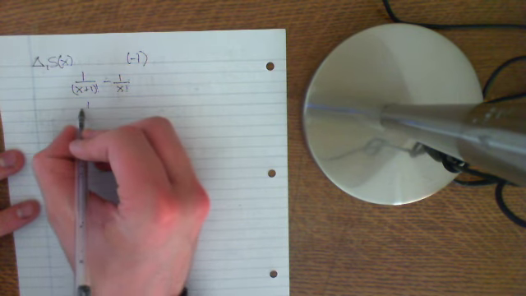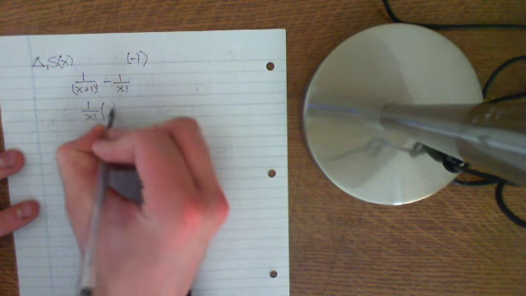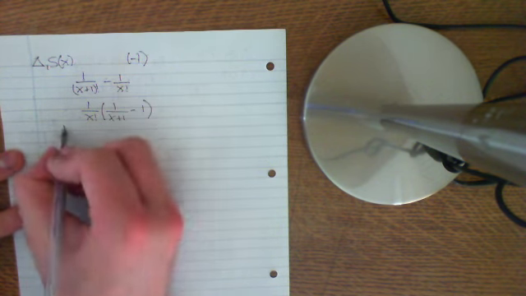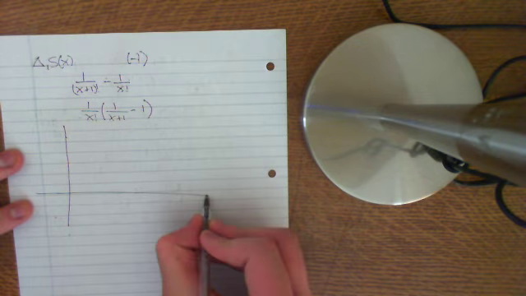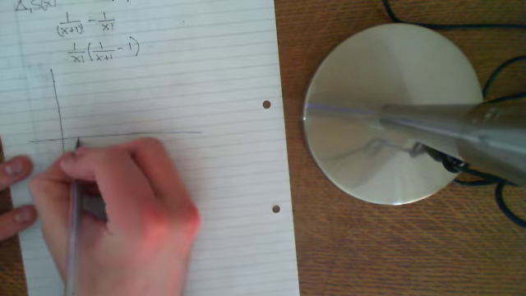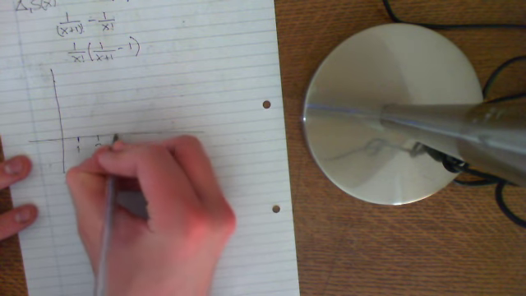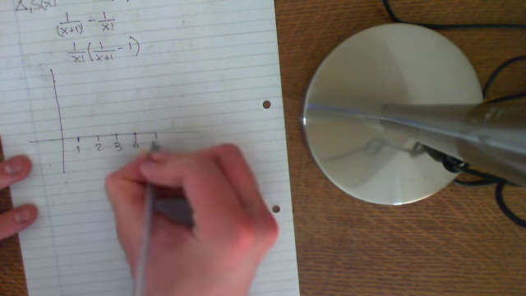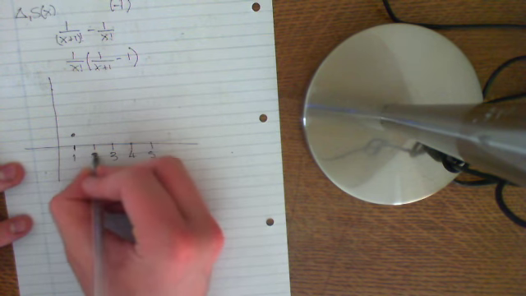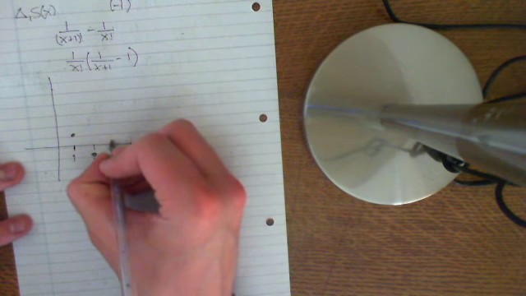Well, we can factor out the 1 over x factorial, and then we've got 1 over x plus 1 minus 1. Let me just explain what I'm trying to do. If you imagine the integers sitting here, 3, 4, 5, etc., to each one of those I can ascribe one of these terms. At 1 it will be 1, then here it will be minus 1/2, and up here it will be 1 over 3 factorial, which is 1/6.